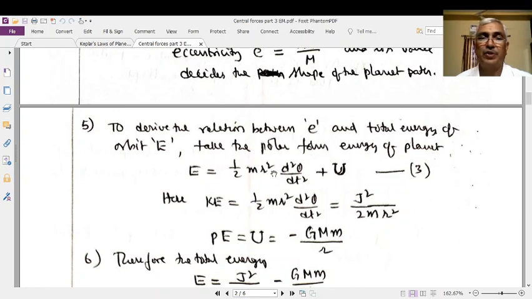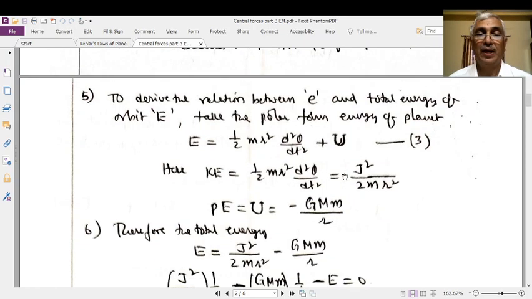Total energy is equal to kinetic energy, half m v square, with d theta by dt in polar form, plus potential energy U. Kinetic energy can be written in terms of the angular momentum as j square by 2m r square in polar form, and U is the potential energy. Potential energy is equal to minus G M m by r.